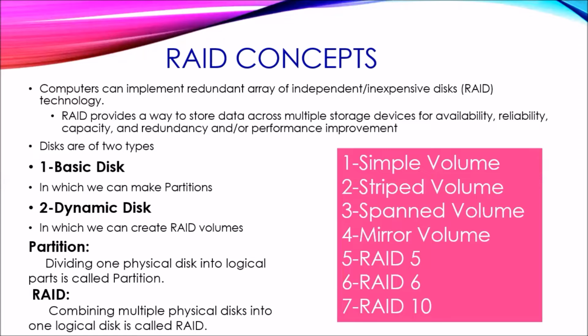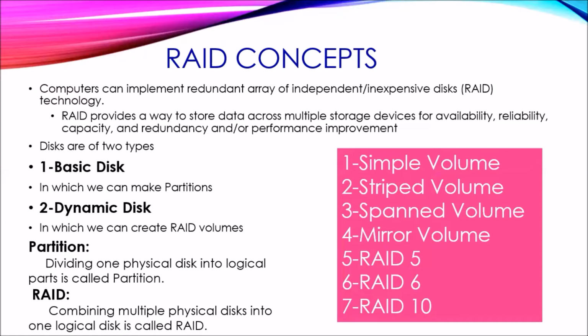It is also important to know the difference between partition and RAID. Dividing one physical disk into multiple logical parts is called partition, while combining multiple physical disks into one logical disk is called RAID. There are two types of volumes, simple volumes and special volumes.